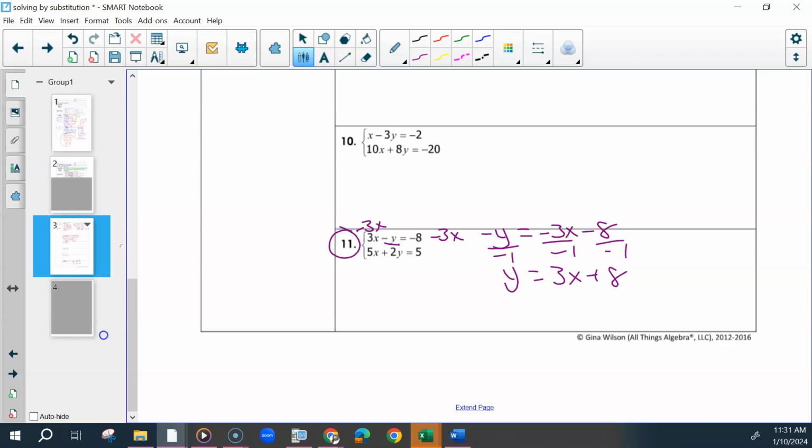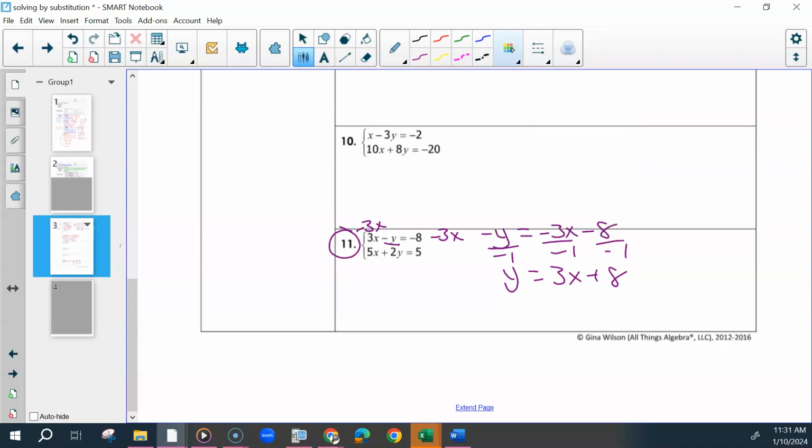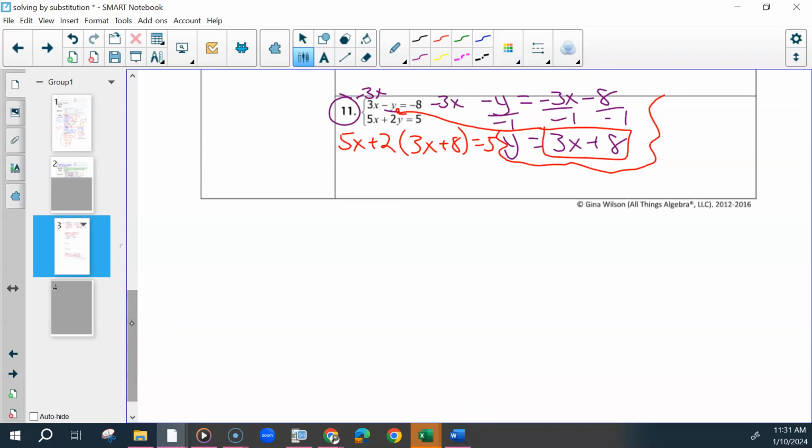Then take that equation and do what with it? Substitute it for the other y. Put it in the other equation where y is. So 5x plus 2 times 3x plus 8 equals 5. And then start to solve. 5x plus 6x plus 16 equals 5.